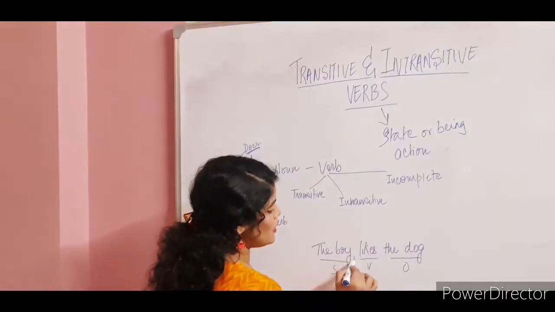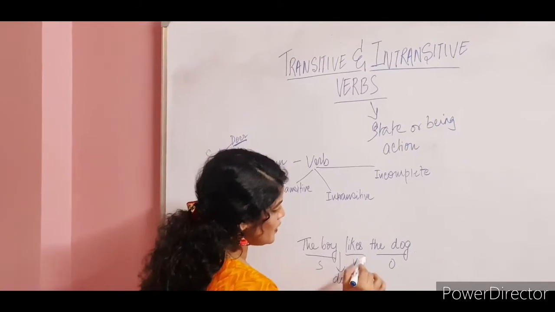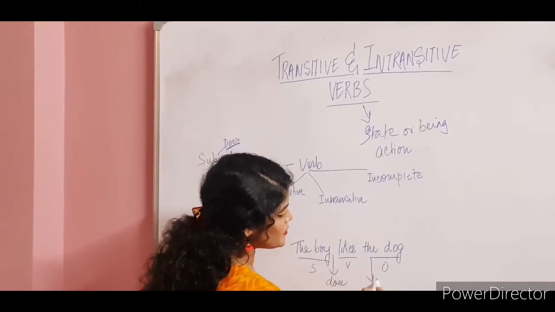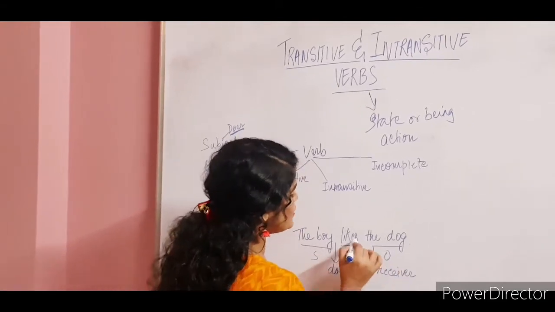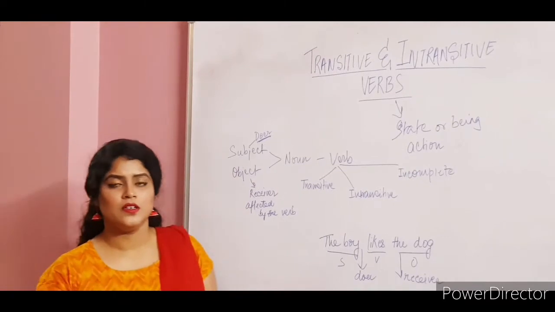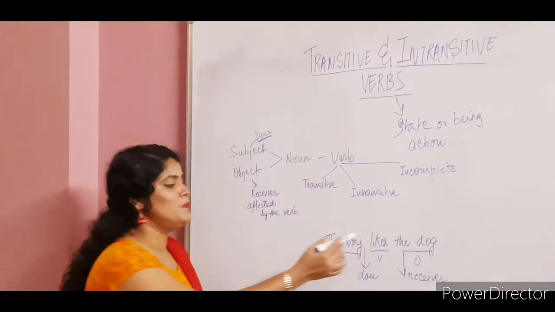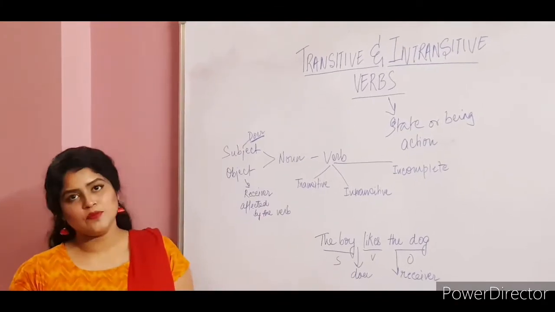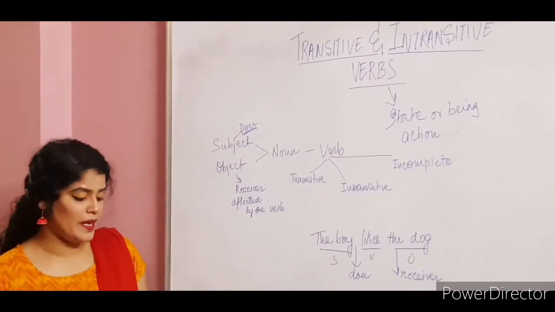So the work is being done over here by the doer. And here the dog is the receiver of this action likes. The dog is being liked by the boy. So then we can say that the object is being affected by the subject. Whatever the subject is doing, the object is getting affected by it.